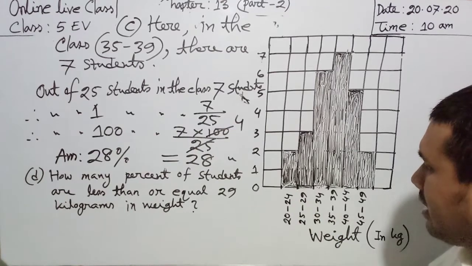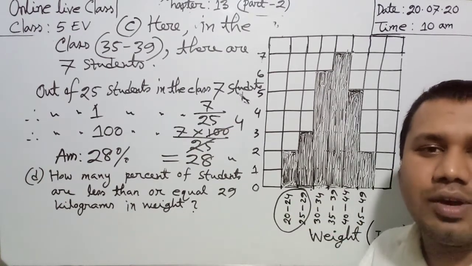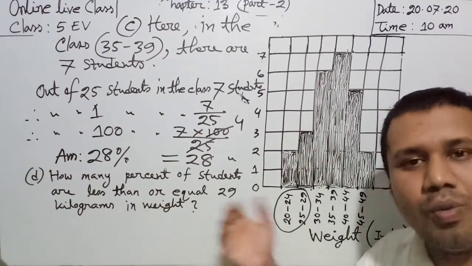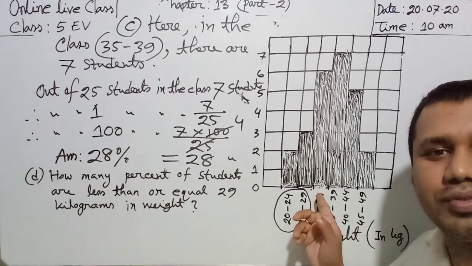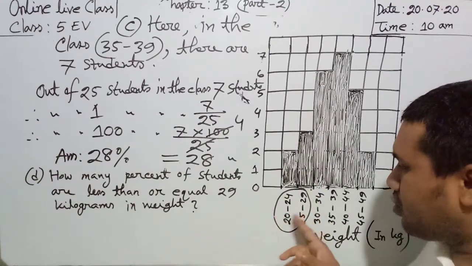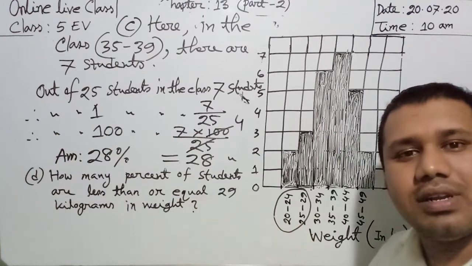So in these two class intervals, we can say they satisfy our condition, less than or equal 29. Now look, this is 30 to 34, so this is more than 29. So in these two classes, we can say they satisfy our question.